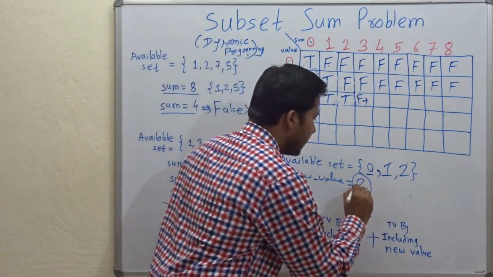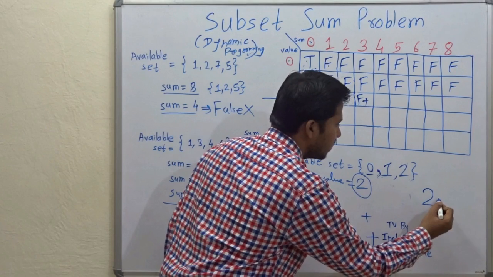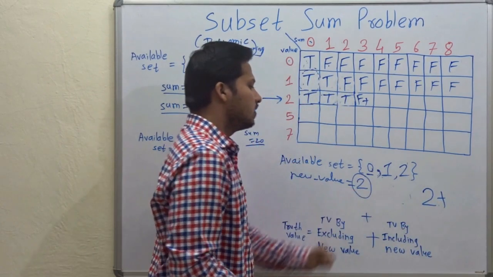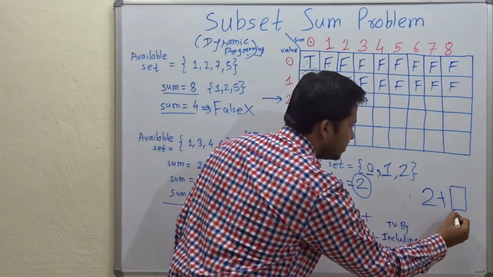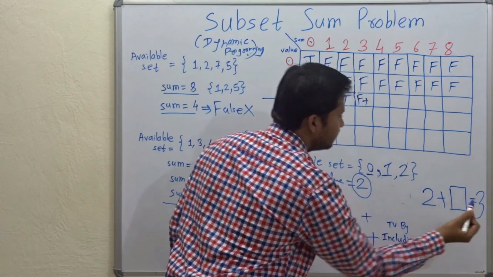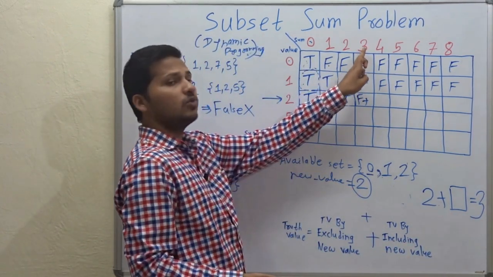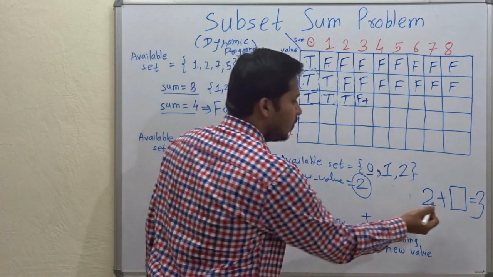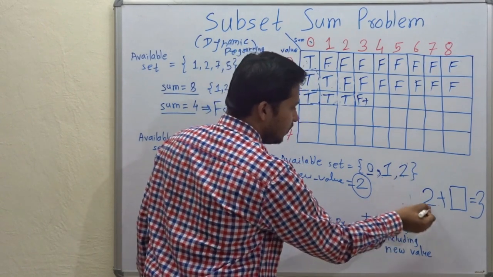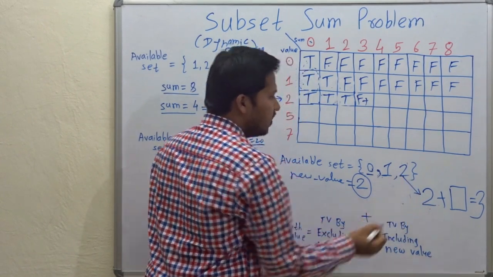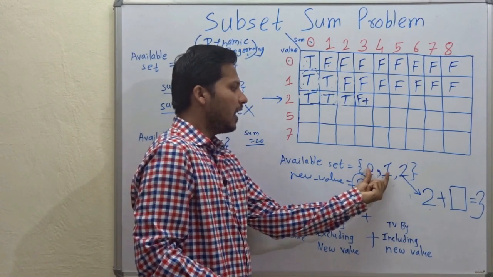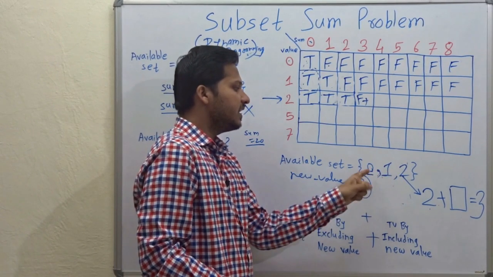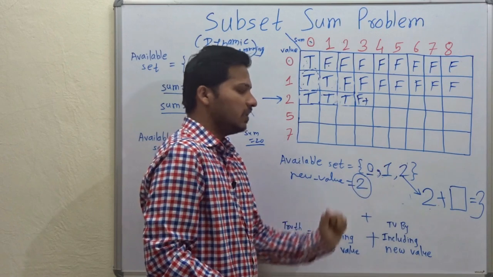If you use that new value 2, what is the remaining addition to make 3? You have to make a total of 3. You have used 2, the new value. Now the remaining values in the available set are 0 and 1.